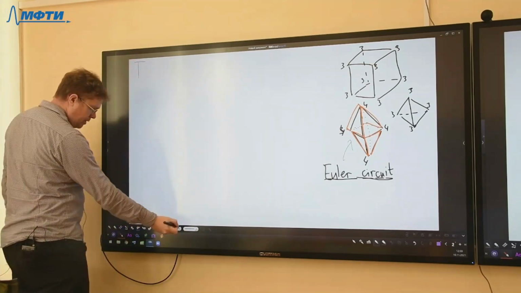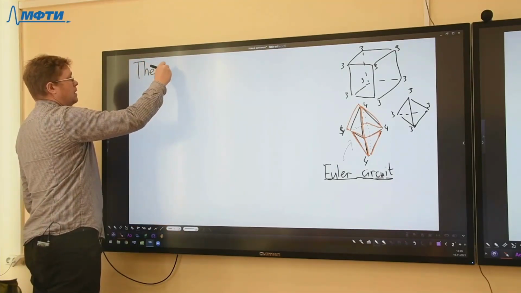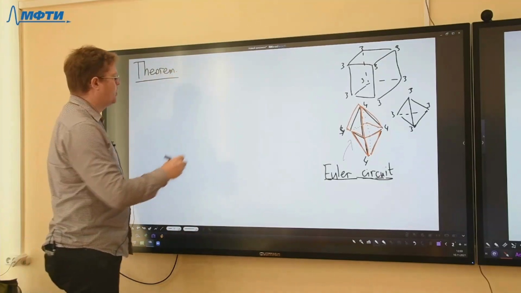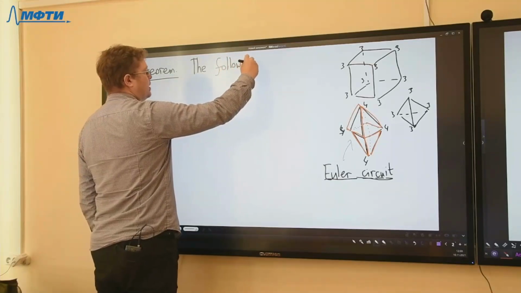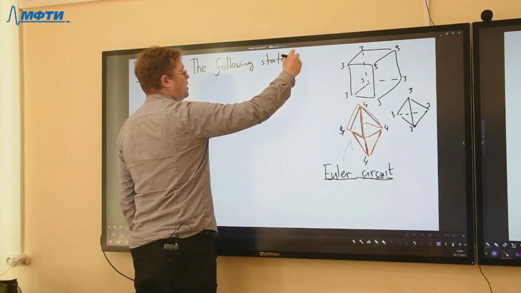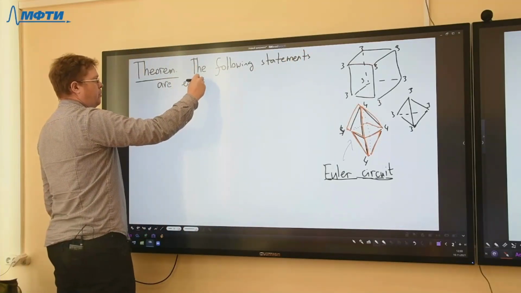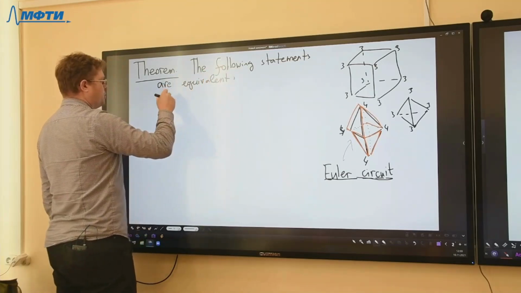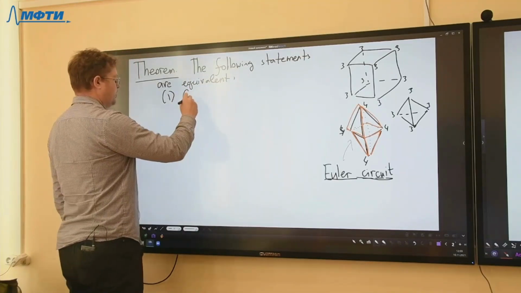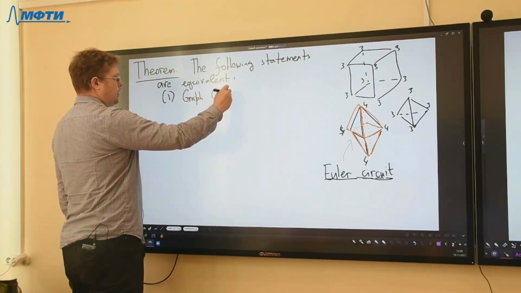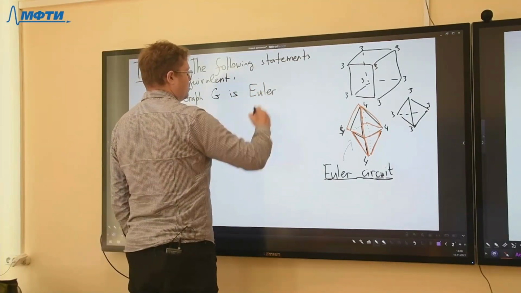So the main theorem here: the following statements are equivalent. First, graph G is Euler, so it contains an Euler circuit.